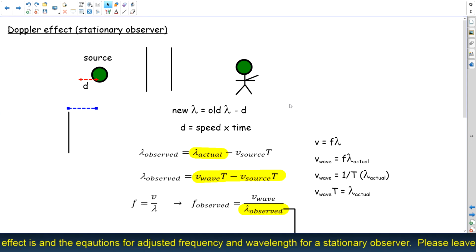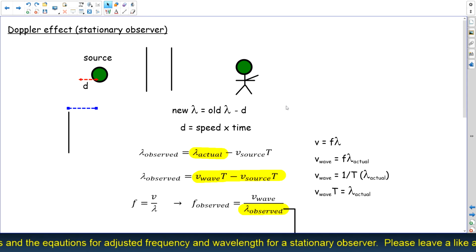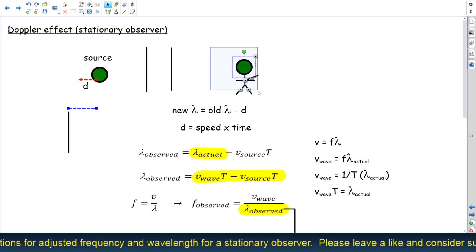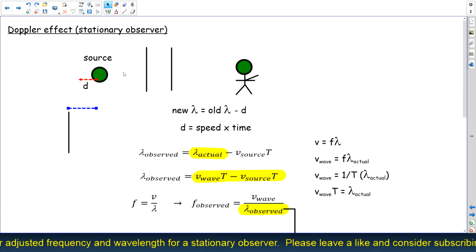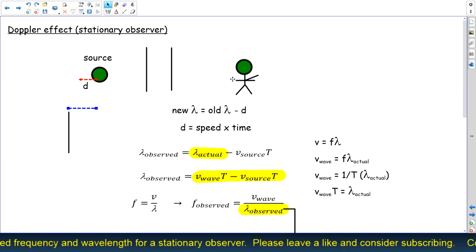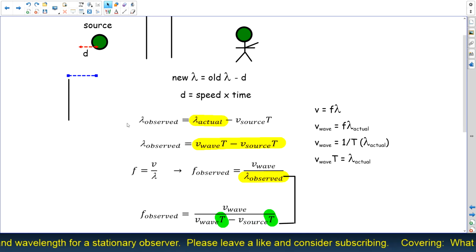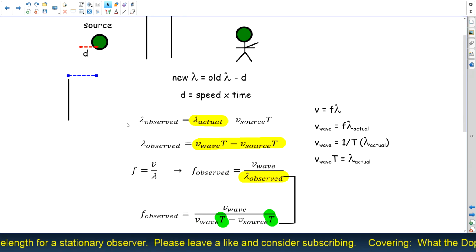The hint here is, how would you be able to tell the difference between that and if this was moving towards you with a speed v and this was moving with a speed v towards it, how would that be different from a source moving at 2v?